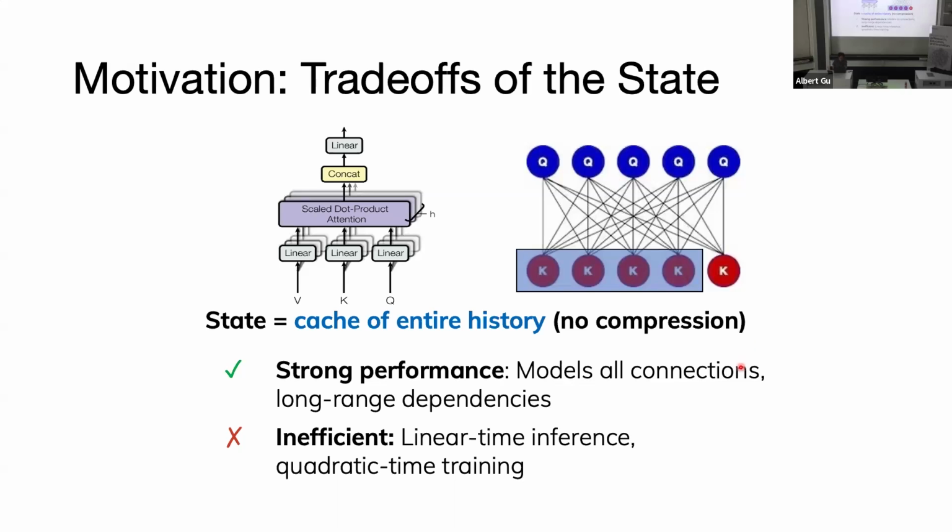By caching the entire history, this model has very strong performance. It has access to all the previous data it's seen, and it can do long-range dependencies by just looking at any previous data point. This also explains why it's inefficient: it has linear time inference, because it scales with the length of the sequence, since it is literally caching everything along the sequence dimension. And that is also why it has quadratic time training cost.